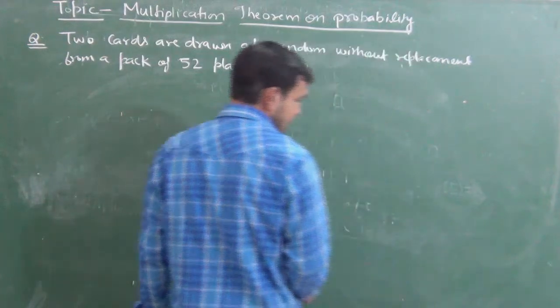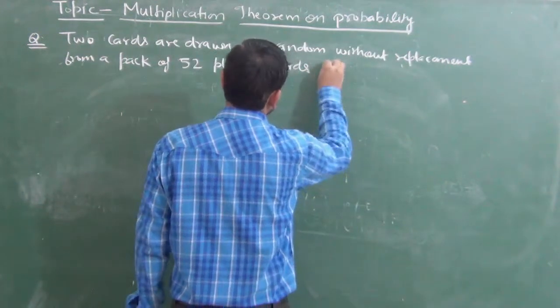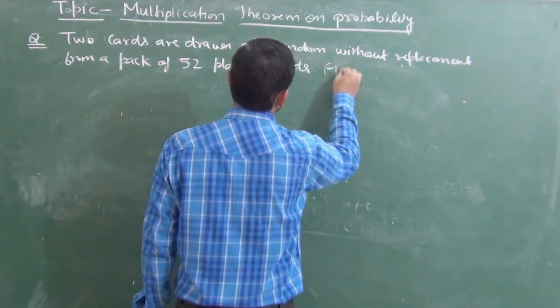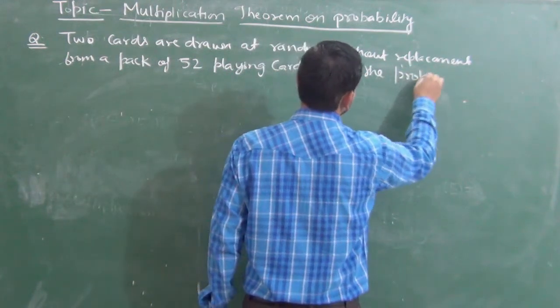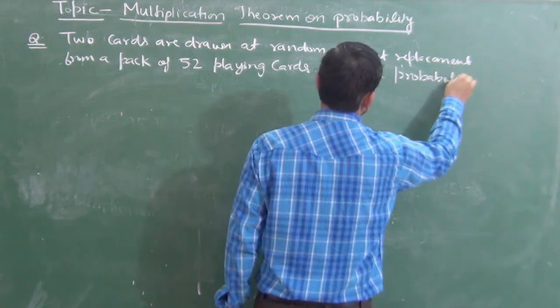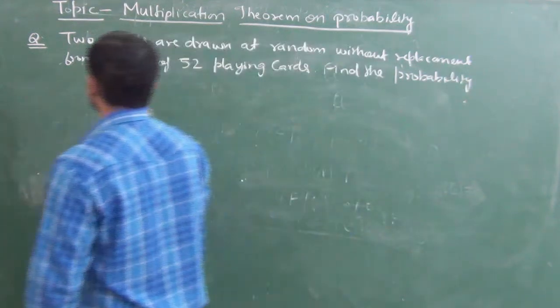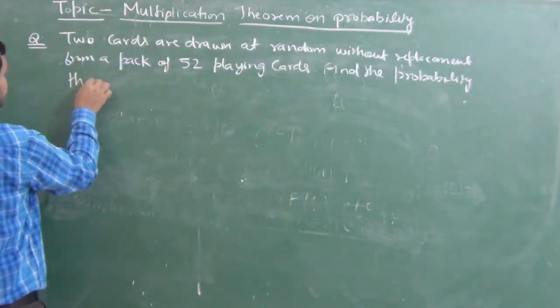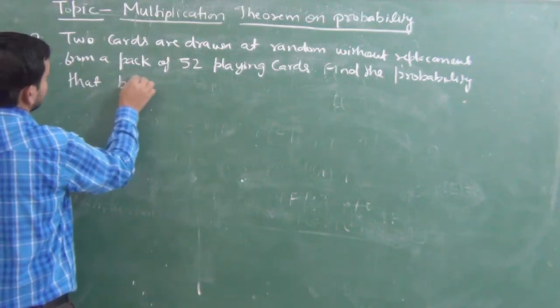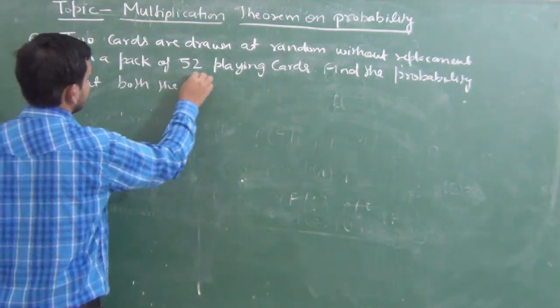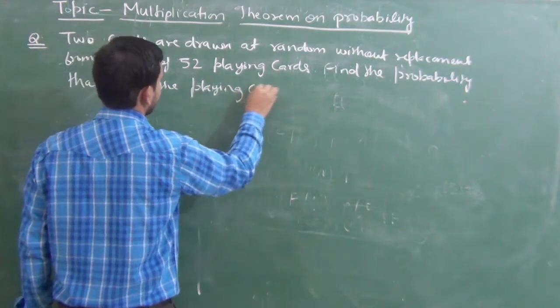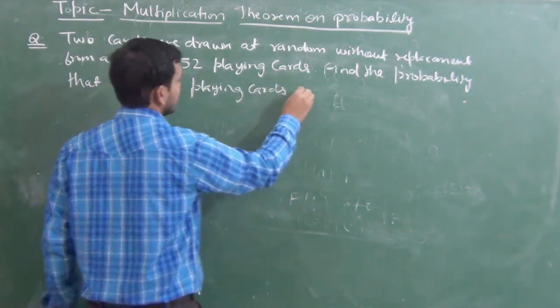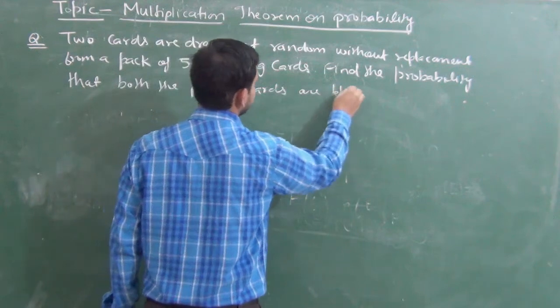Find the probability that both the cards are black.